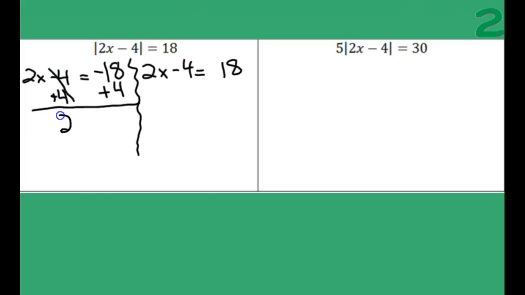What we're left with then is 2x equals negative 18 plus 4, which is negative 14. Then we have to divide by 2 to get x by itself. So x equals -7. Here we have to add 4, just like we did on the other side.